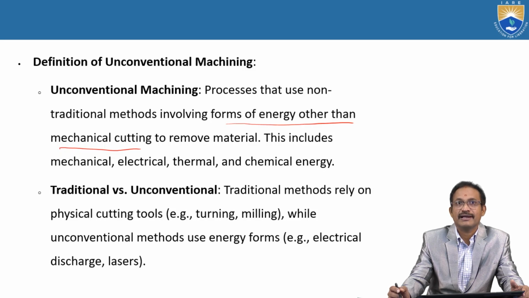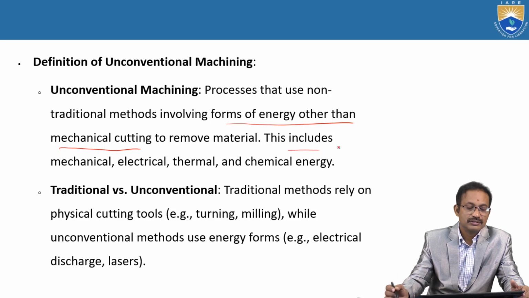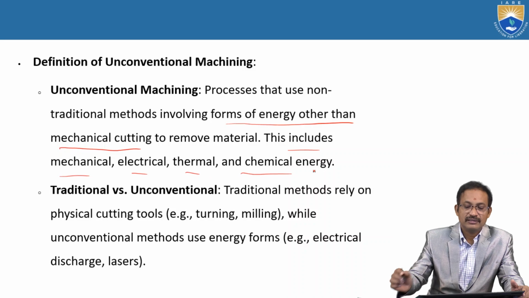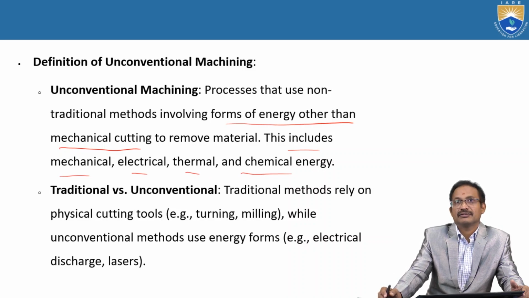Cutting forces and physical contact is a must. So here, forms of energy other than mechanical cutting, that is important. This includes mechanical, electrical, thermal and chemical energy. So here the non-traditional machining process involves mechanical, electrical, thermal and chemical energy.